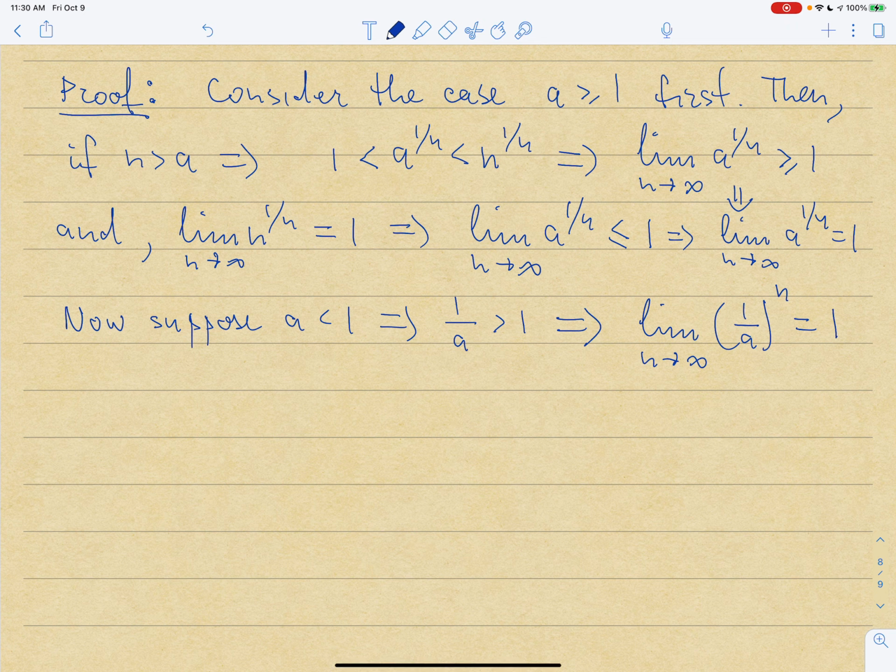If a is greater than 1, then the limit of a to the power 1 over n is equal to 1. So 1 over a is greater than 1, then the limit of 1 over a to the power 1 over n is equal to 1 by the first part.